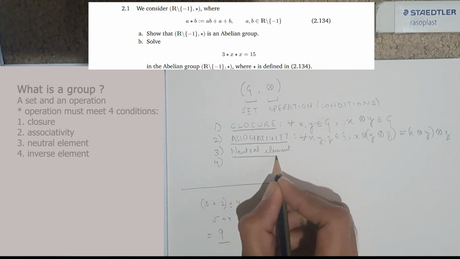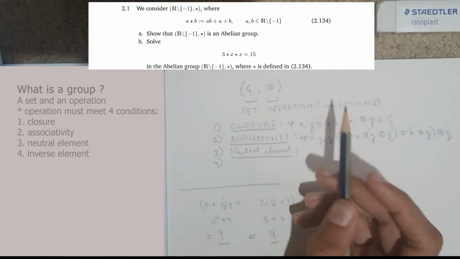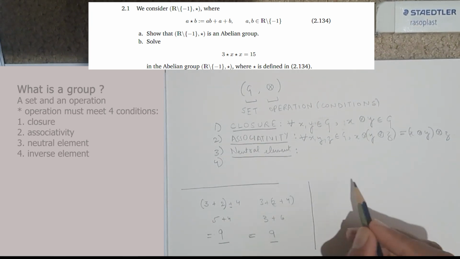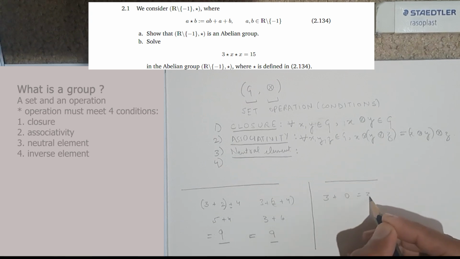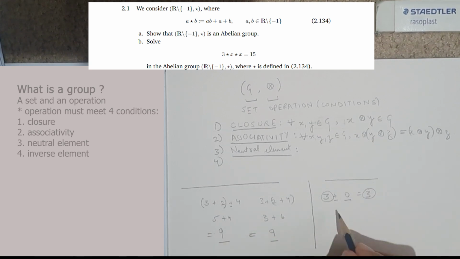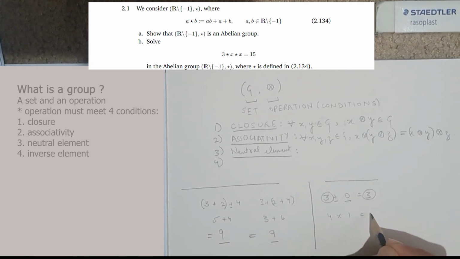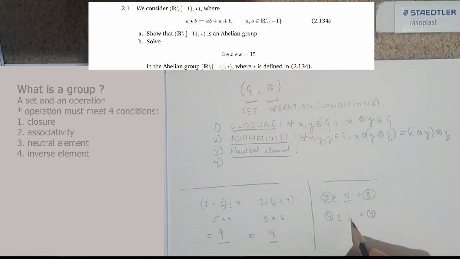Let's look at this now. This says that in this set G, for this operation, there's an element which returns the value. So let's look at addition again. You see how whenever you take any number and add 0 to it, it always gives the same number. This is the neutral element for addition in the real number set. Another example, 4 times 1 is 4. Again, there was an operation and 4 was retained. So 1 is the neutral element or identity element for this operation.